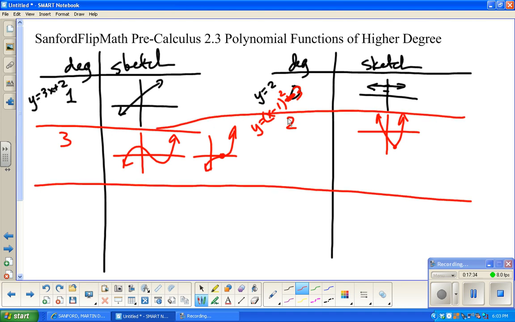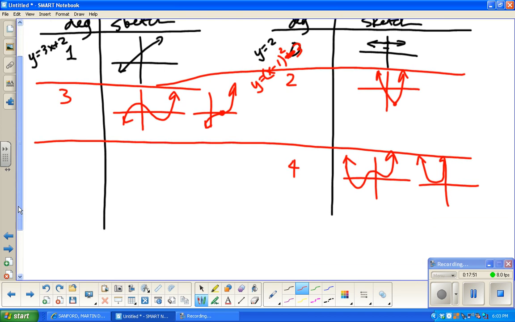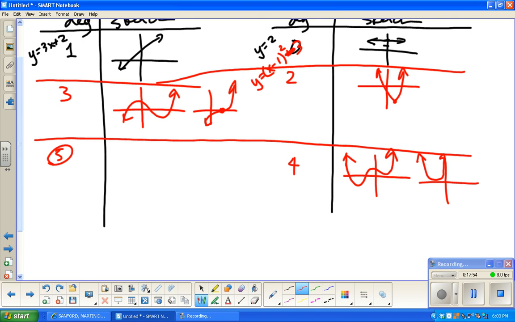Let's do degree 4. It could look something like this, or upside down. It could also look kind of parabola-ish, but it would be flatter in the middle. That'd be more like a power function version of that. 5th degree, something like that.